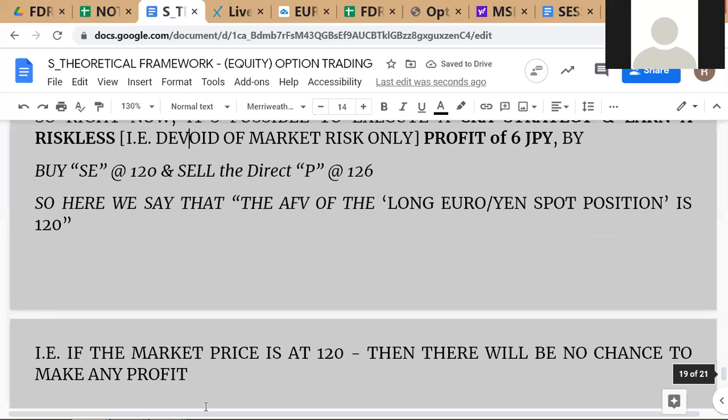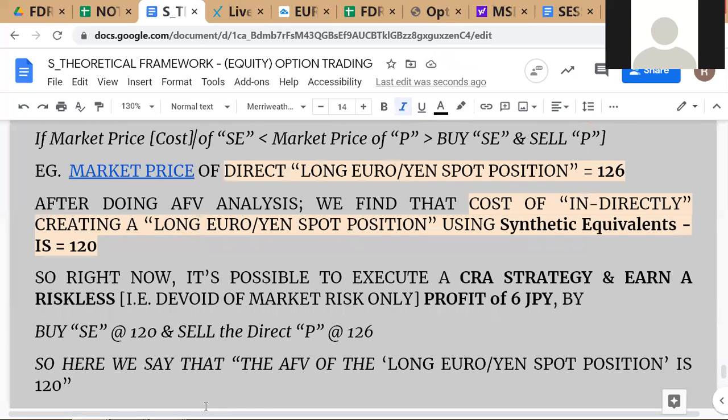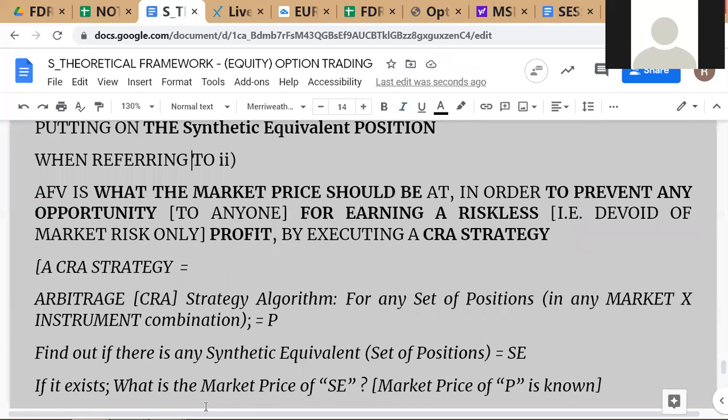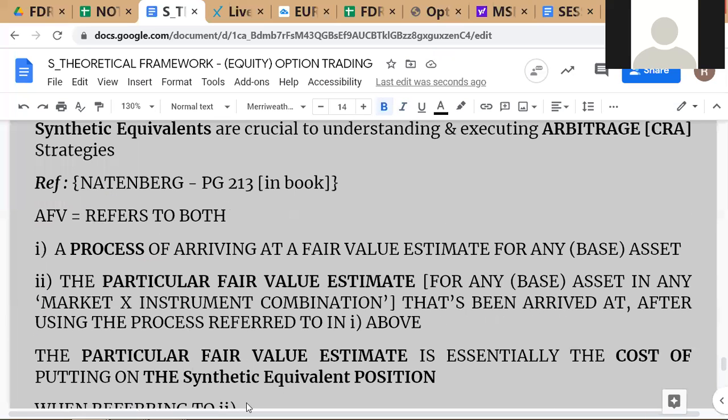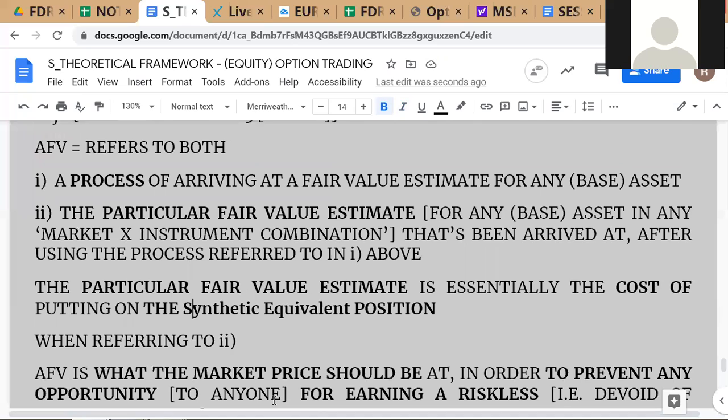We'll just repeat this. What did we say? We are talking about the use of the word AFV in the second sense, to refer to a particular fair value estimate, which is essentially the cost of putting on the synthetic equivalent position.